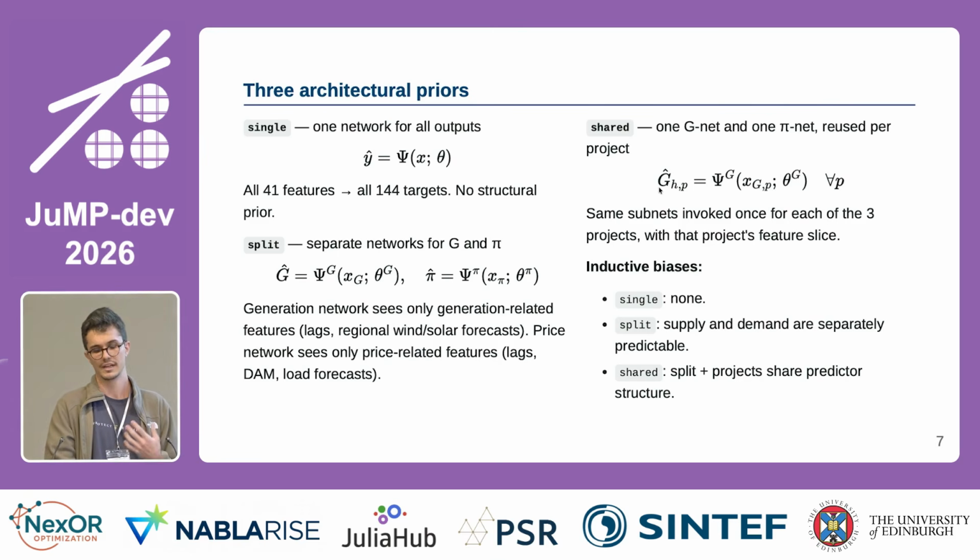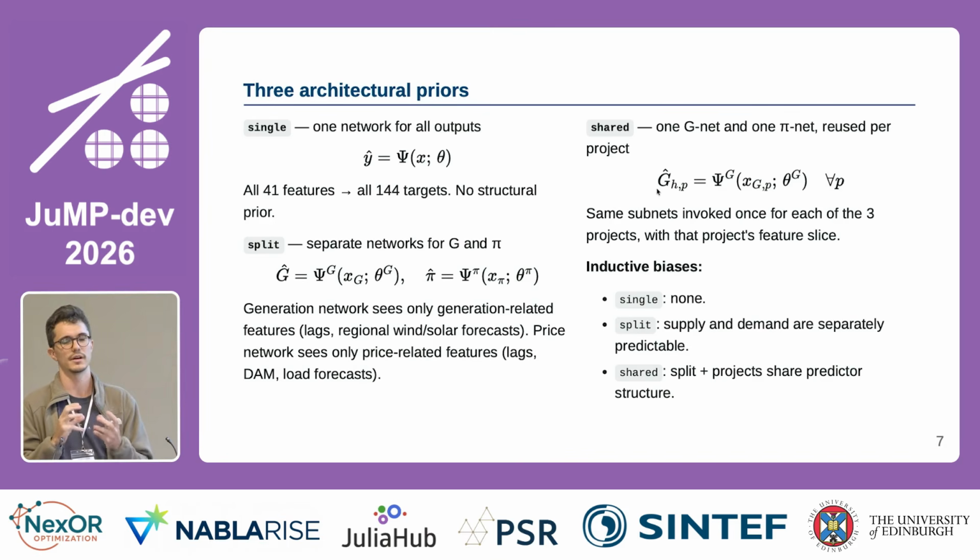And also the third one, which gives even more information as a prior to the model, which we call shared. For this one, we are applying the same networks, the same parameters, for all the three projects at the same time. So we are giving the same kind of exogenous variables to the forecast model, but changing the project it is referring to.